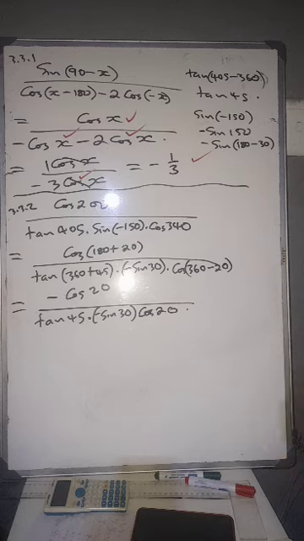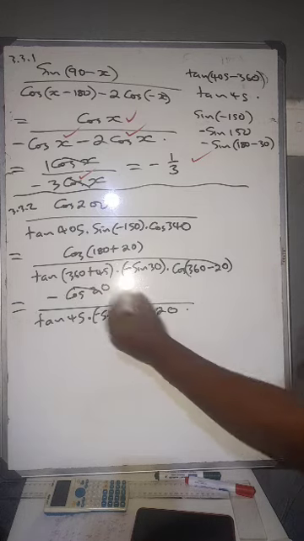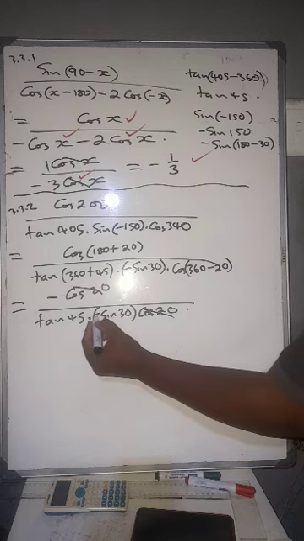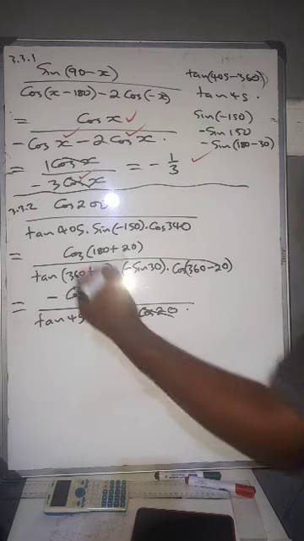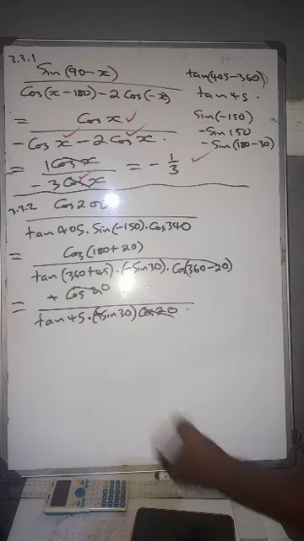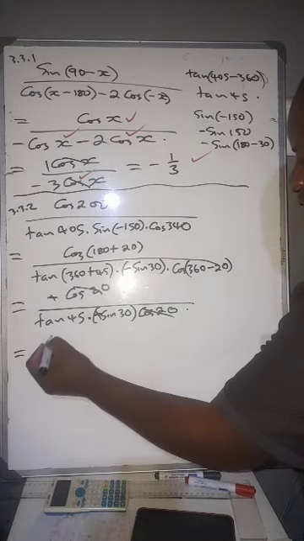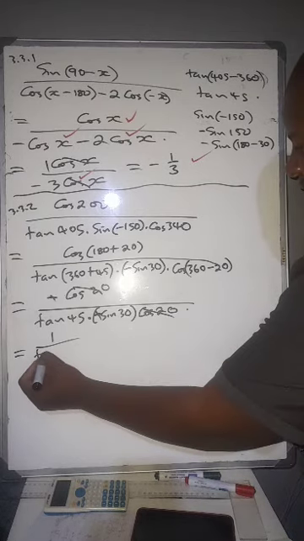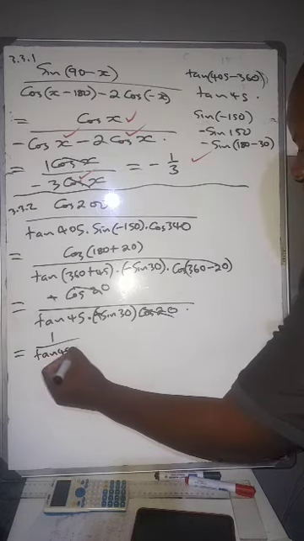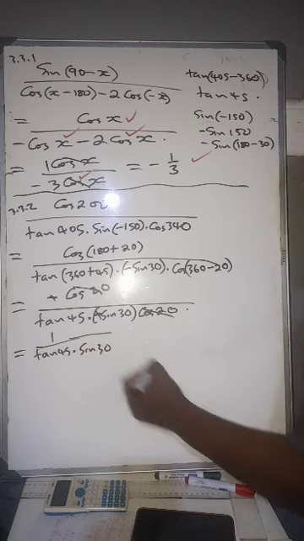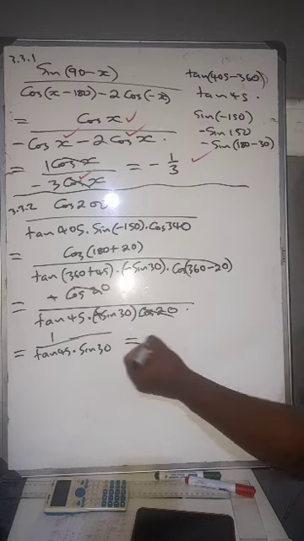And then simplifying there, we have cos 20 and cos 20 common factors, they cancel each other, and then we have a negative here which is going to cancel with this one, so we are left with 1 over tan 45 times sine 30.